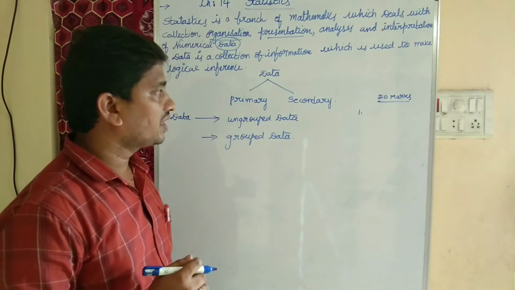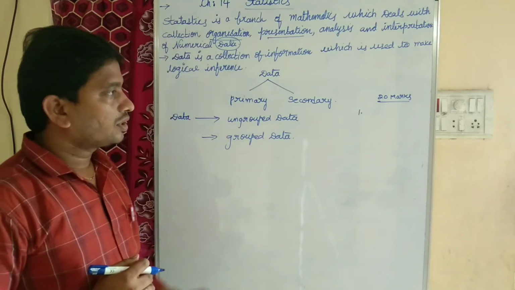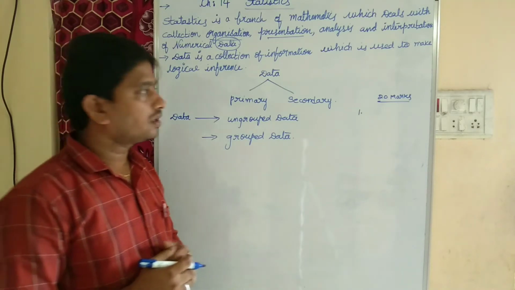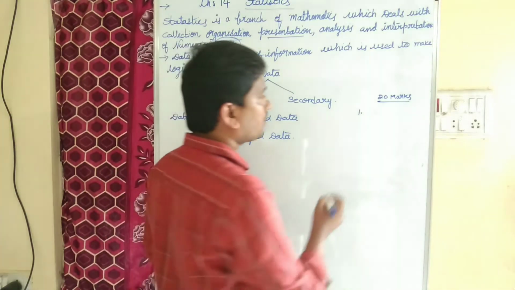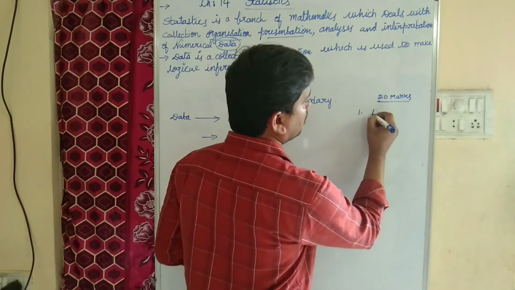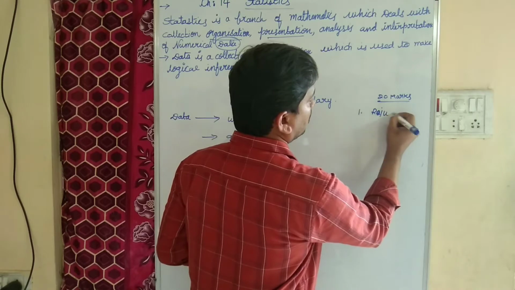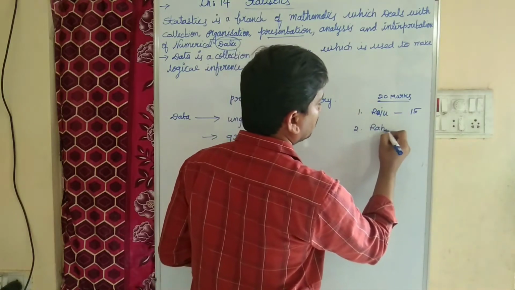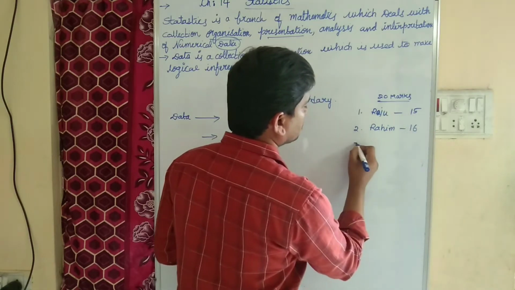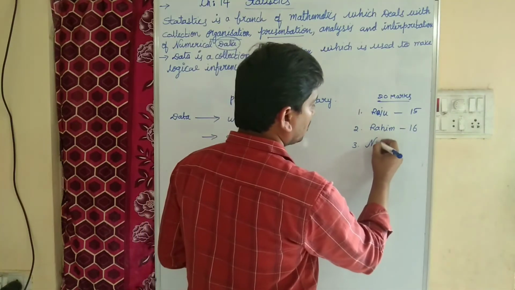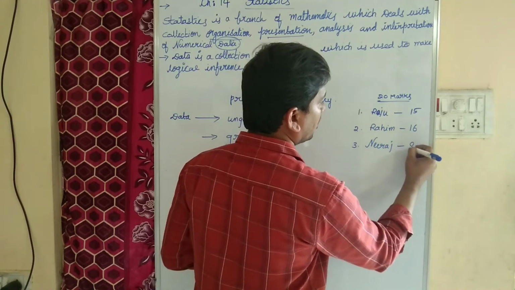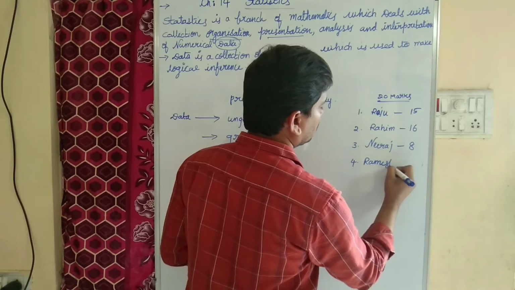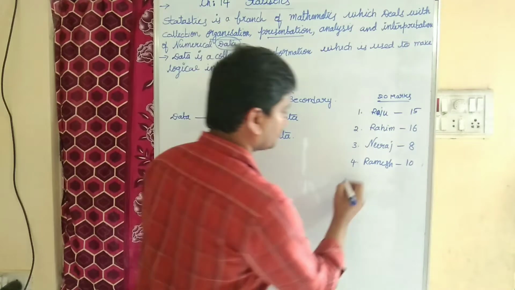For example, in a class, 10 students are there. We have conducted one exam, that is for 20 marks. Marks obtained by the 10 students are like, for example, Raju got 15 marks. Rahim got 16 marks. Neeraj got 8 marks. Ramesh got 10 marks.